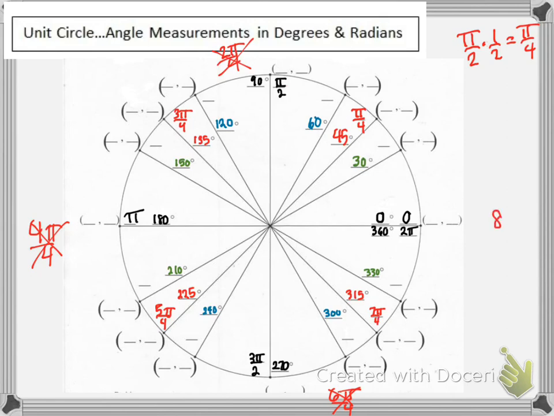And 8/4 of pi, which just reduces down to 2 pi. There's all the red ones. Those are equivalent to my 45-degree angle.